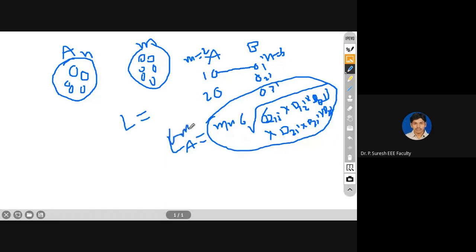What is the GMR formula for this? M square means 4th root. What are the own distances? D11 into D12, next one, D21 into D22.